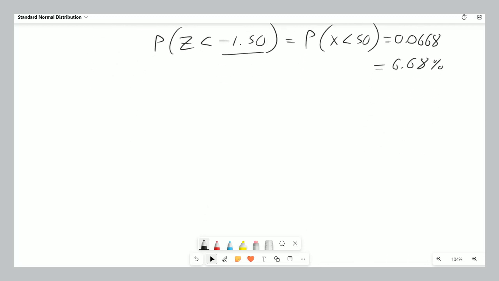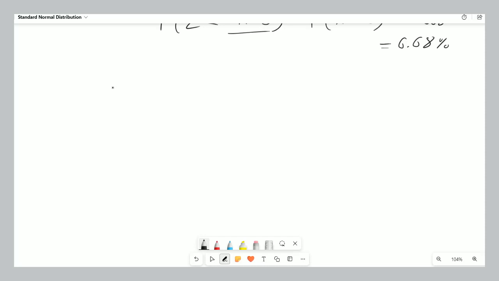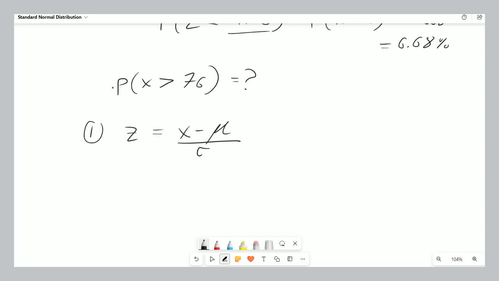Now, let's say we're asked, what's the probability that x is above 76? Same test, but we want to know the probability that x is above 76. Well, we do our step one. We find our z score. z is x minus mu divided by sigma.